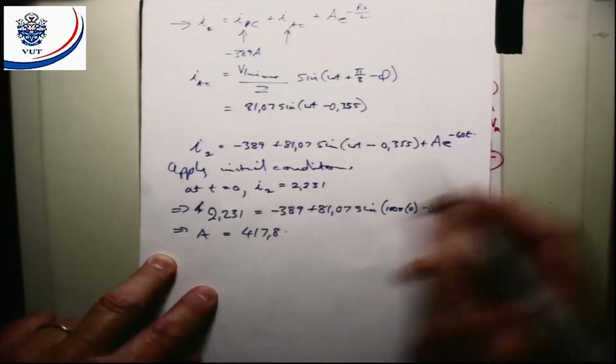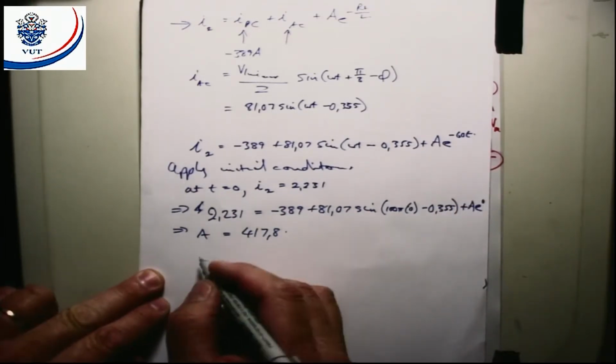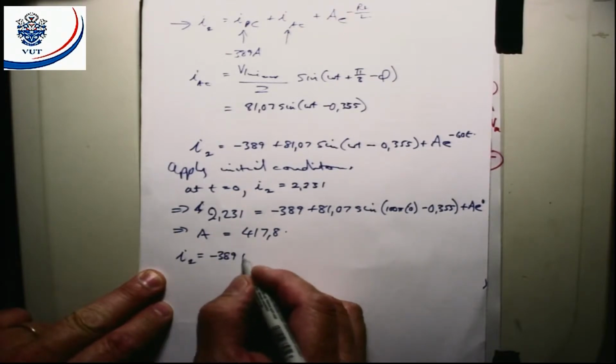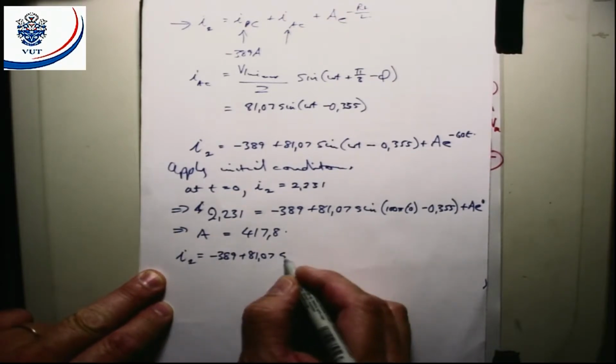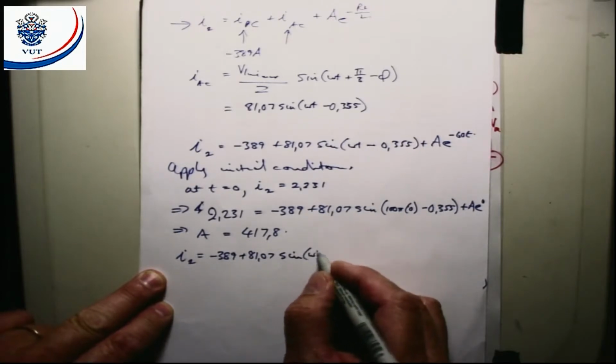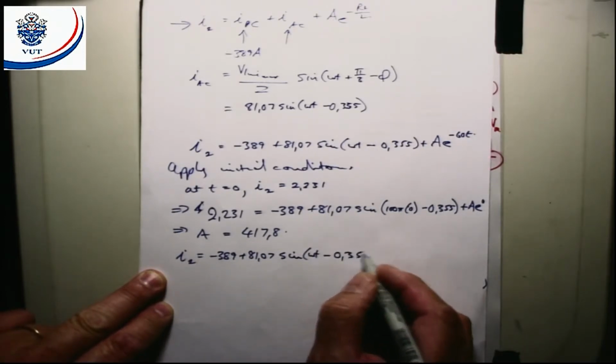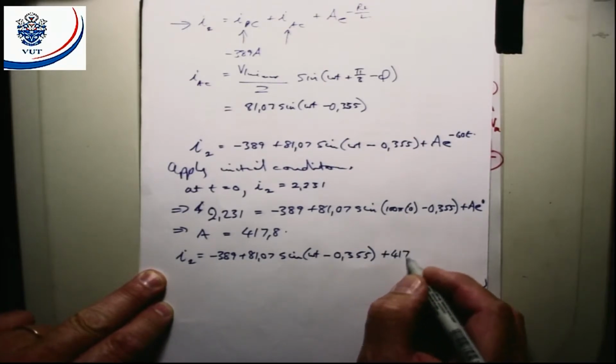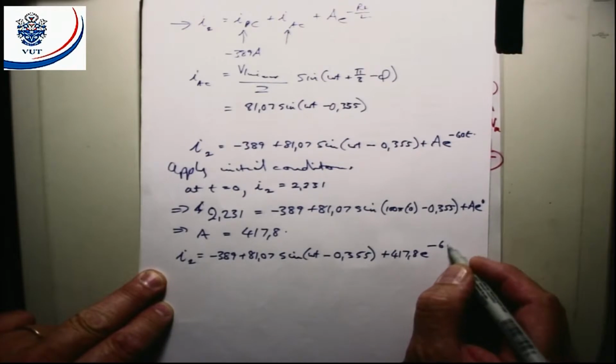Substitute this back into the equation, and you get that I2 is equal to minus 389 plus 81,07 sin omega t minus 0,355 plus 417,8 e to the power minus 60t.